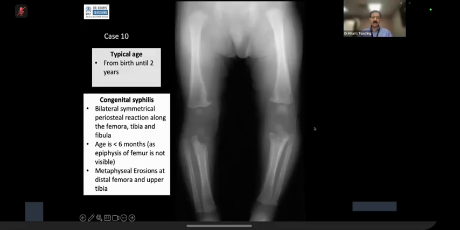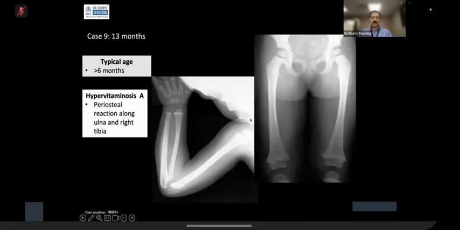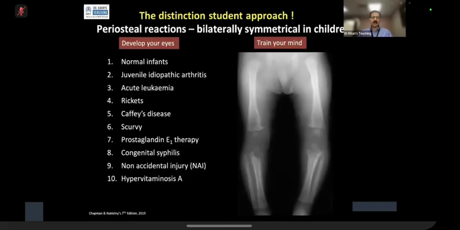And you can see these kinds of cases. Key finding in congenital syphilis is that other than periosteal reaction, you will see metaphyseal erosions. You see this aggression, metaphyseal erosions. Now, once all of these things are in your mind and the case comes in your exam, then you can simply go through them one after the other in your description.